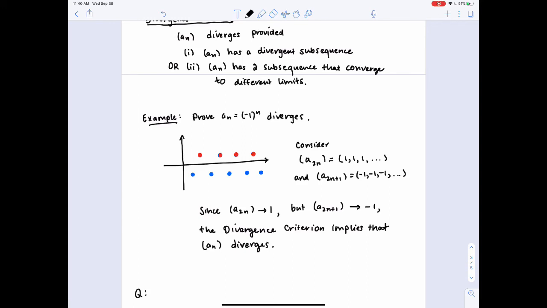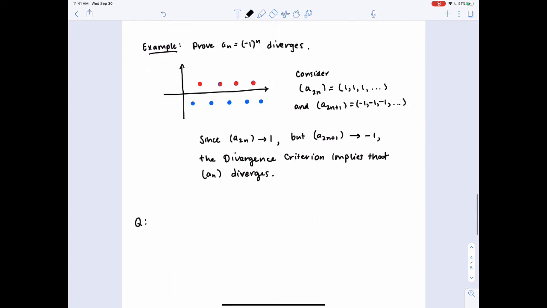And that kind of begs the question, does every sequence have to have a convergent subsequence?